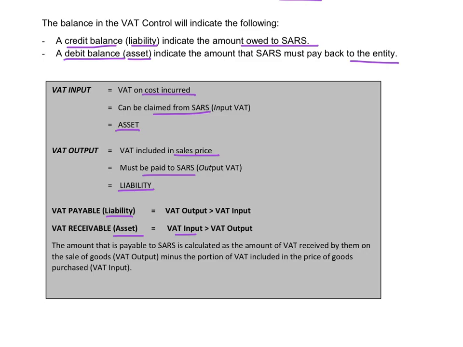The amount that's payable to SARS is calculated as the amount of VAT that we received on the sale of goods minus the portion of VAT included in the price of goods when we purchase the goods. That means VAT input. So the amount that's payable to SARS will always be the difference between your VAT output and your VAT input.